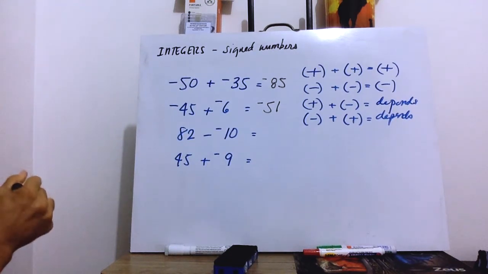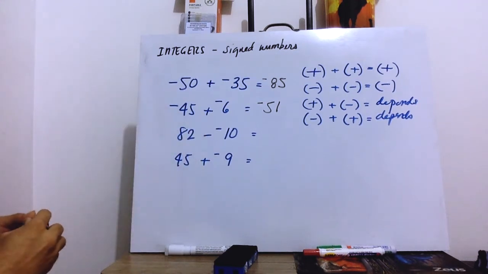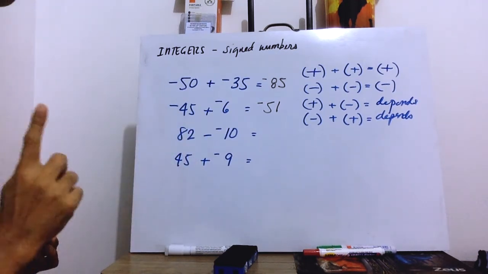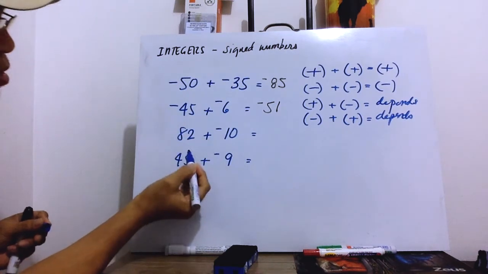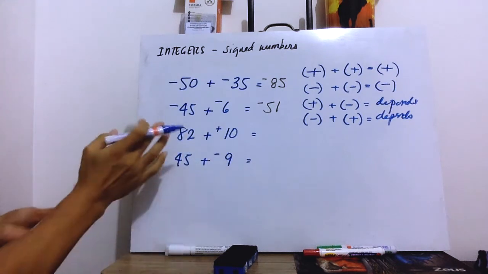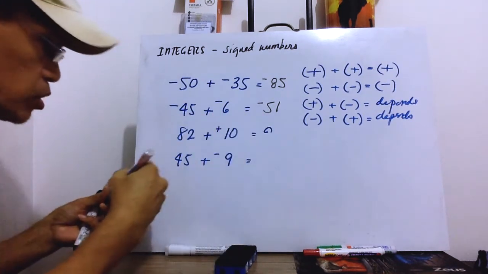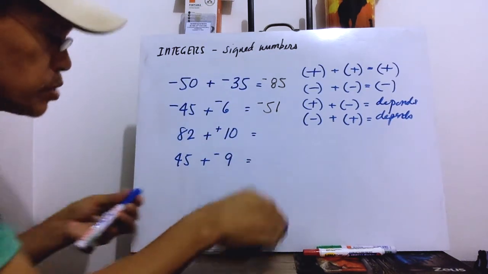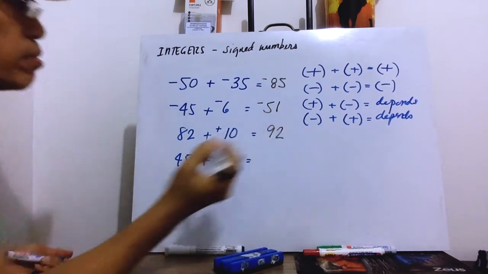How about 82 minus negative 10? Same thing. Make this plus, and then change the sign of the next number. That's negative, make it positive. So it's 82 plus 10, so it's positive 92.